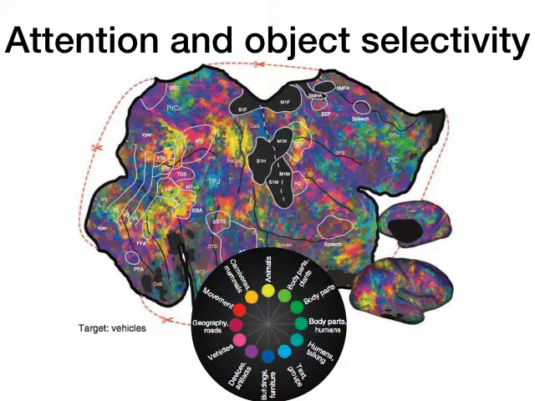Right. So here this shows that object selectivity in the brain depends quite strongly on the task that we're doing. Right? A face selective area can become a car selective area if given a car identification task. So what we're seeing here basically is that the responses of these neural populations are being attracted towards the thing that we're attending to.